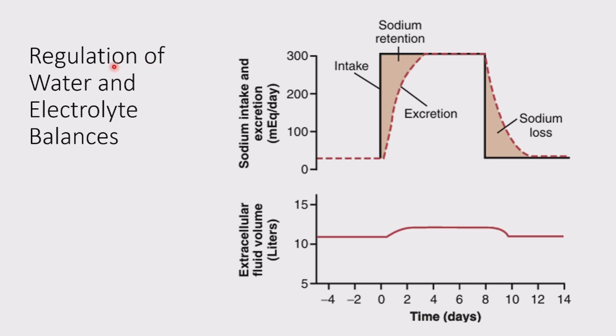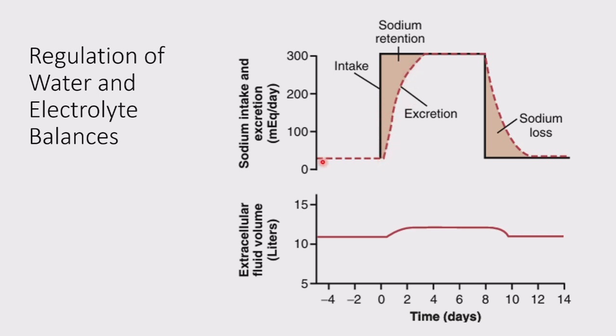Now, another function of the kidney is regulation of water and electrolyte balances. The graph tells us that our kidney excretes water and other electrolytes depending on our intake. When we, for example, increase our sodium intake, our kidneys will adjust so they can remove any excess sodium that has accumulated in our body.